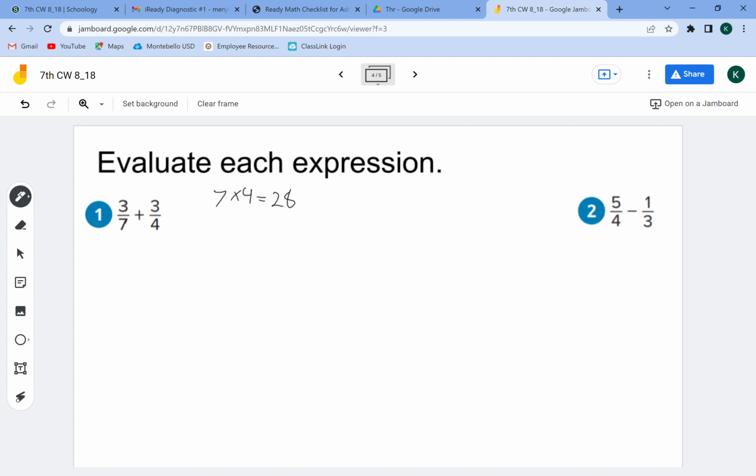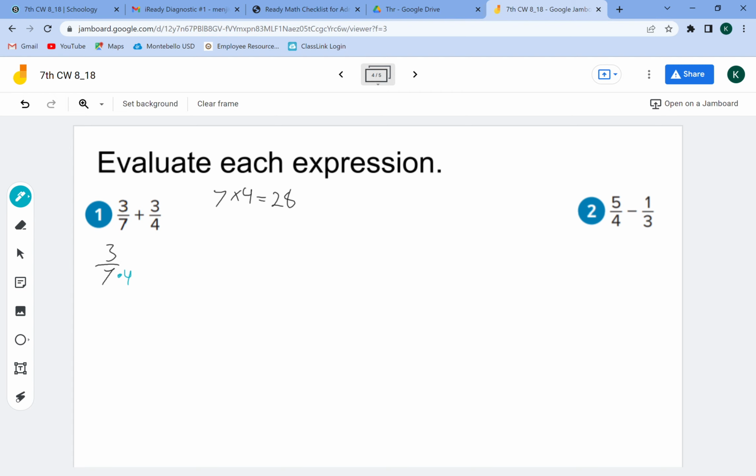So what I'm going to do is transform these fractions so that they can communicate with each other, where these denominators will become 28. I'll write my steps here. I have 3/7, and I multiply the bottom by 4 to get 28.